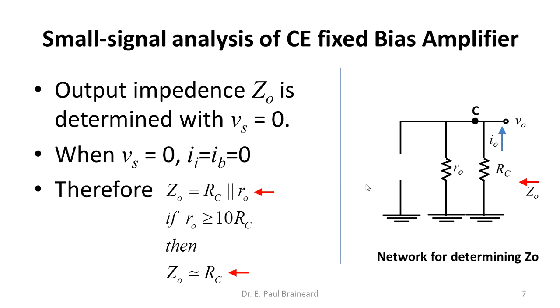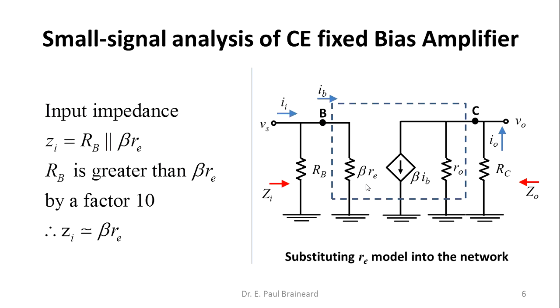Now, we will calculate the output impedance Zo of this particular common emitter fixed bias amplifier. How do you calculate the output impedance? To calculate the output impedance, the signal source has to be set to 0. In this particular circuit, if I make Vs 0, then there is no current at the input.